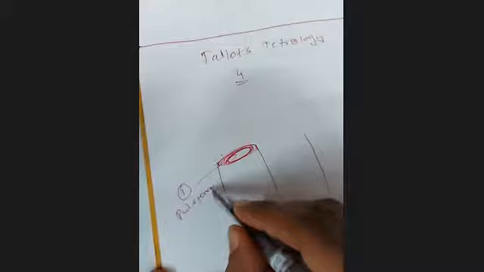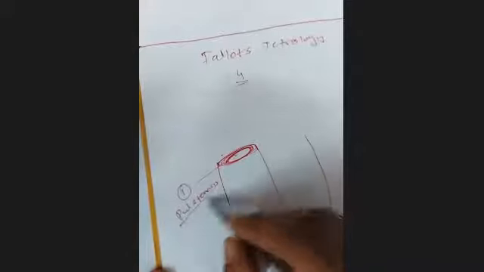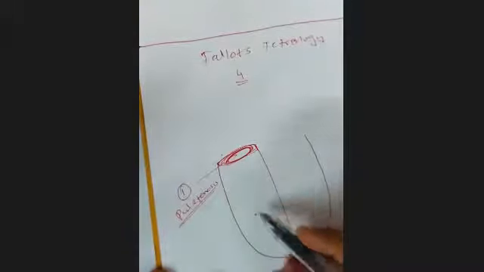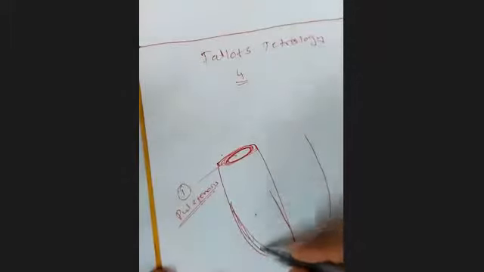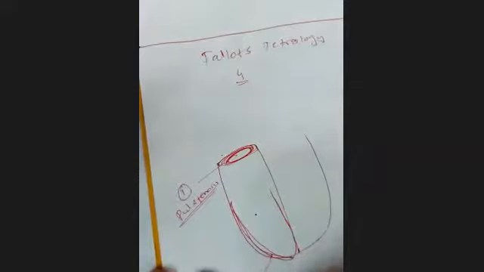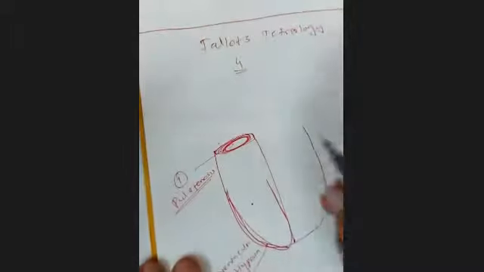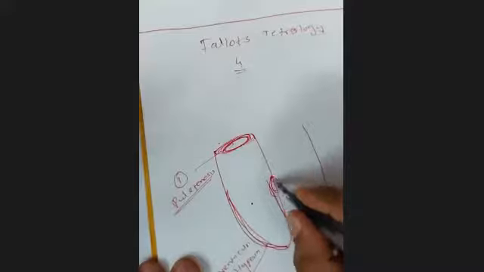This pulmonary stenosis increases the pressure on the right side. This leads to right ventricular hypertrophy. Also, there is a VSD.